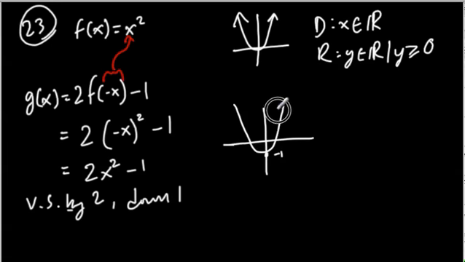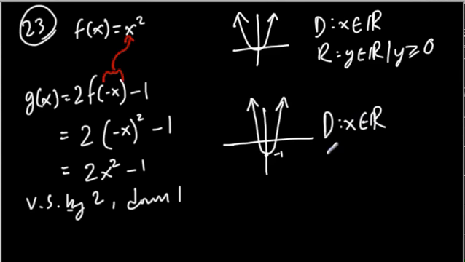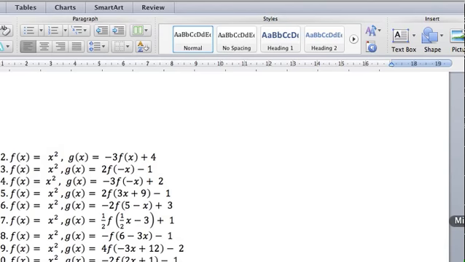So it's like this, and it should look a bit more stretched like that. So the domain is the reals, range is y is greater than or equal to -1. That's 23. Here's 24. What is 24?